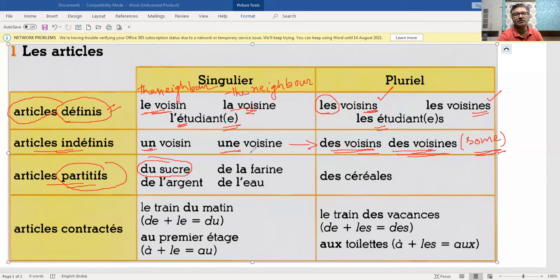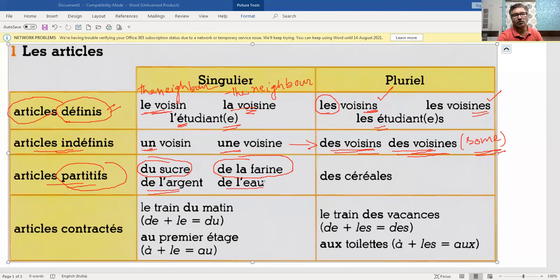De la farine. It means flour, which we say in Hindi, we say atta, the flour. De la farine. De l'argent, some money. Argent is silver, or argent is also money. So l'argent, de l'argent, some money.